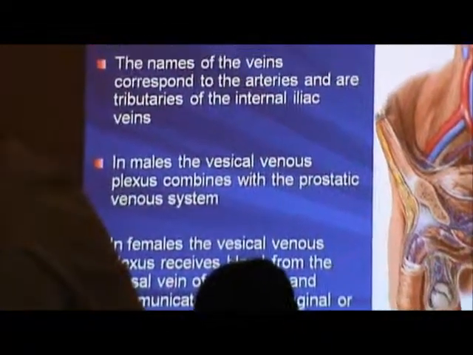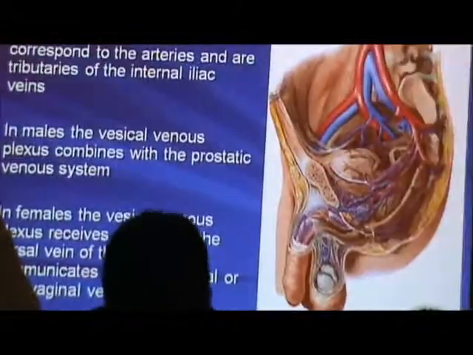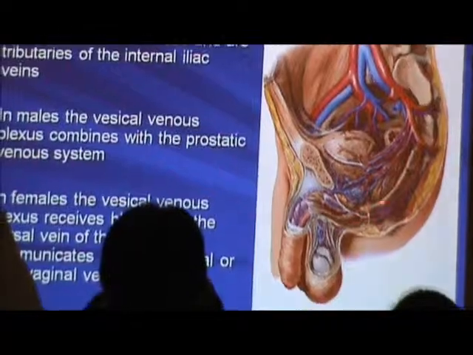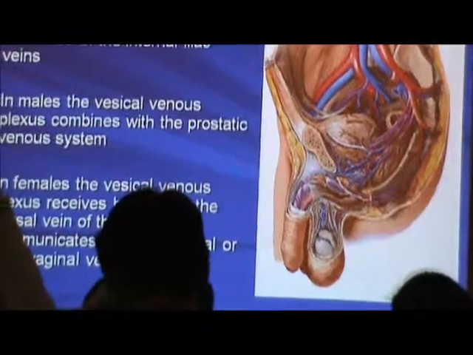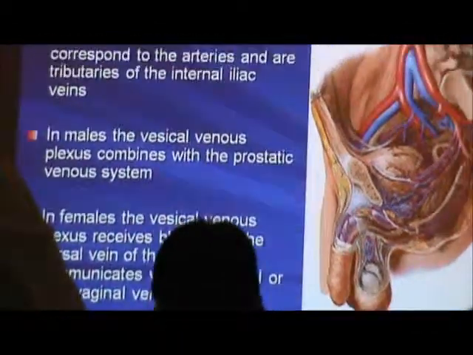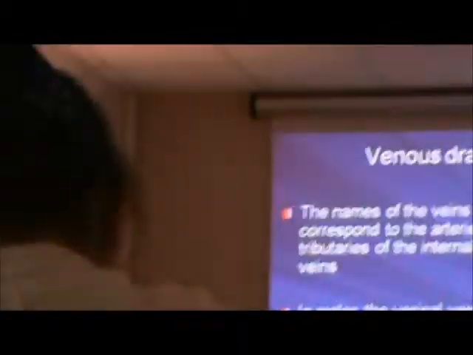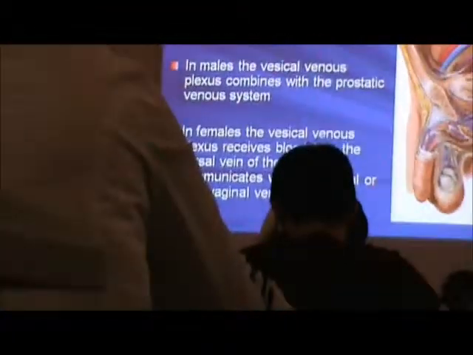In males, the vesical venous plexus combines with the prostatic venous system. In females, the vesical venous plexus receives blood from the dorsal vein of the clitoris and communicates with the vaginal and uterovaginal venous plexus.